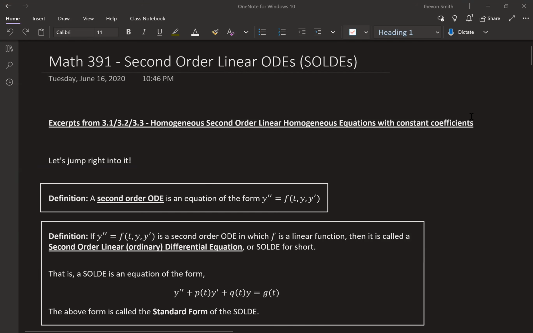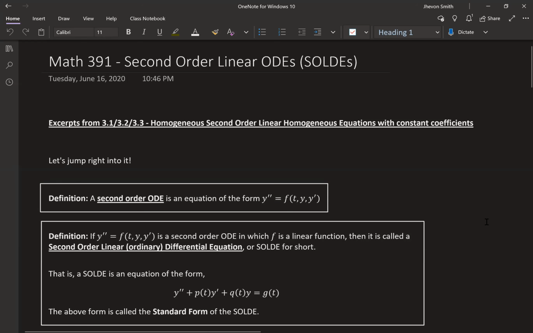So remember, a long time ago, we defined what the order of a differential equation is. The order just is the highest derivative that visually appears in the equation. So of course, a second order differential equation just refers to a differential equation where there is a second derivative present. So a second order ODE in general is just some equation that we can write in this form.